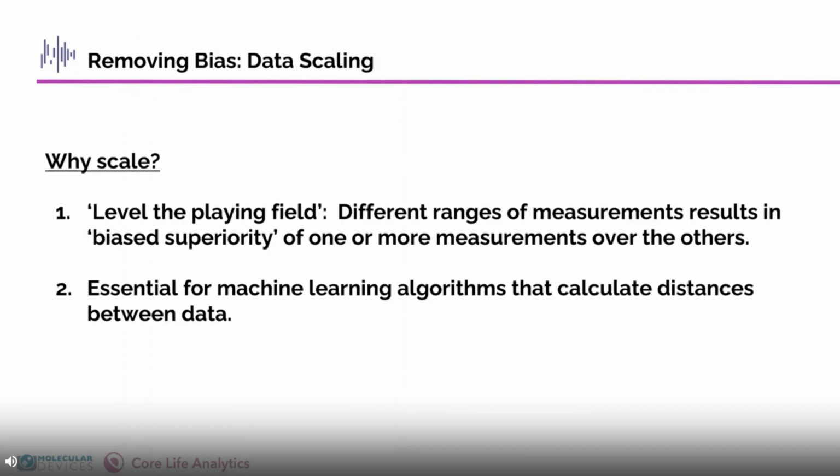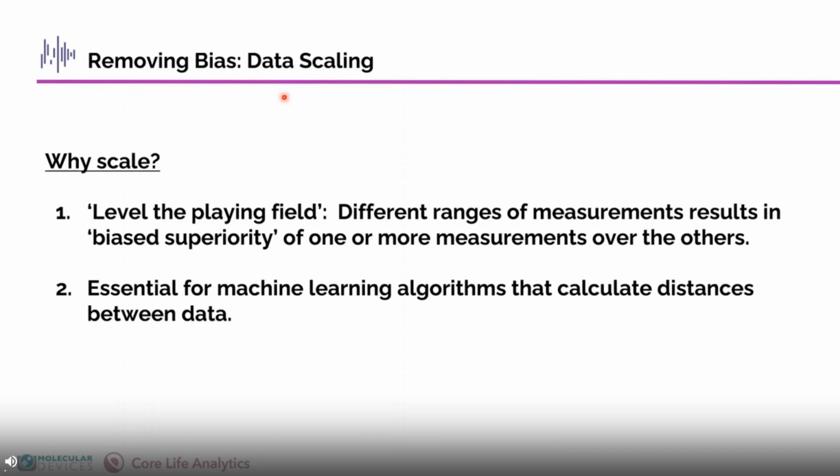There is an additional step to remove bias in your dataset, and that is to scale your features. Because measurements can have very different scales or numerical ranges. Think of measuring length in millimeters versus kilometers. You need to standardize that. In multivariate analysis, measurements that produce large numbers can have more influence than those with small numbers.